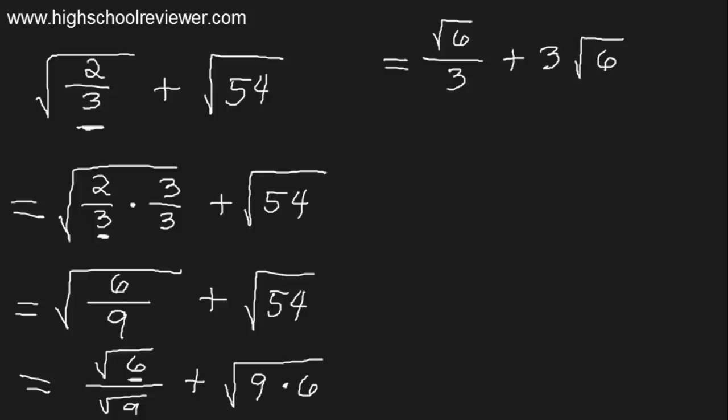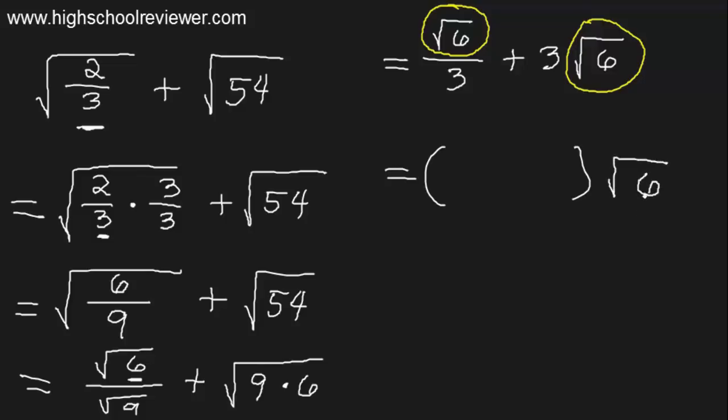And then looking at the two expressions, we can see that the square root of 6 is common between the two terms. So we can factor this out. So factoring, we will take out the square root of 6.